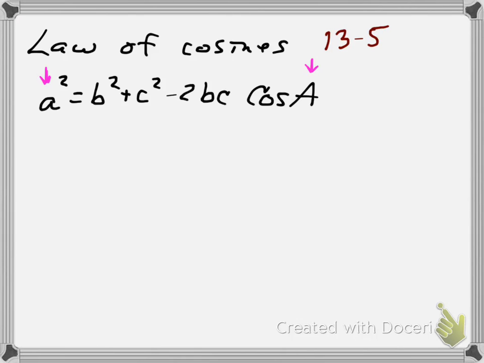Or in the case of the wall, the C's are the bookends, and then AB, AB. And usually if you're looking for something, if it's a side, it's going to be the left side bookend variable. Or if you're looking for an angle, obviously it's going to be the only angle variable in the whole law of cosines, that big letter at the end. So if you're looking for something, you put it in a bookend.